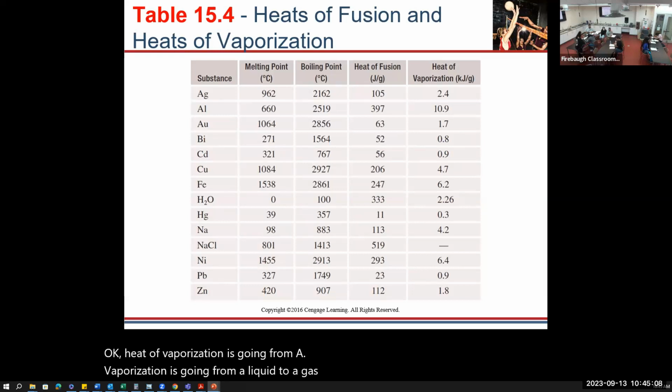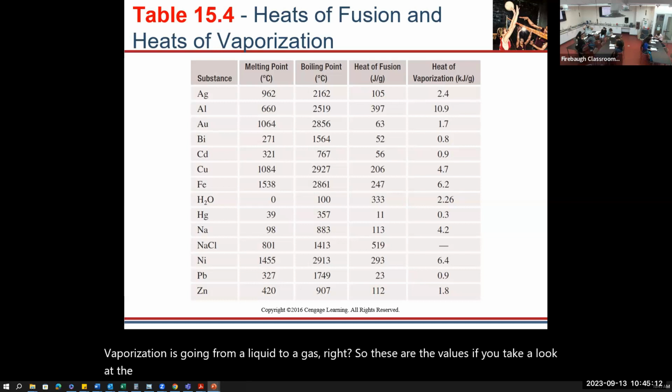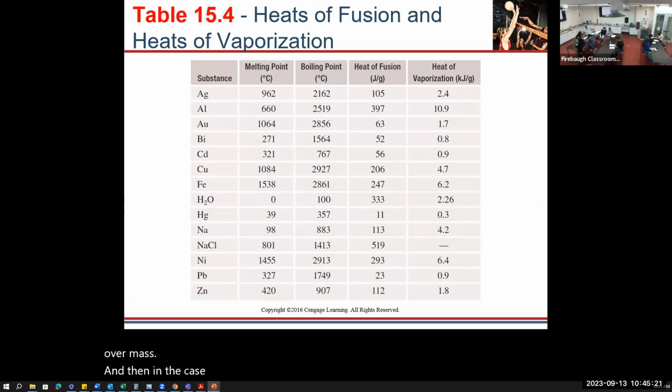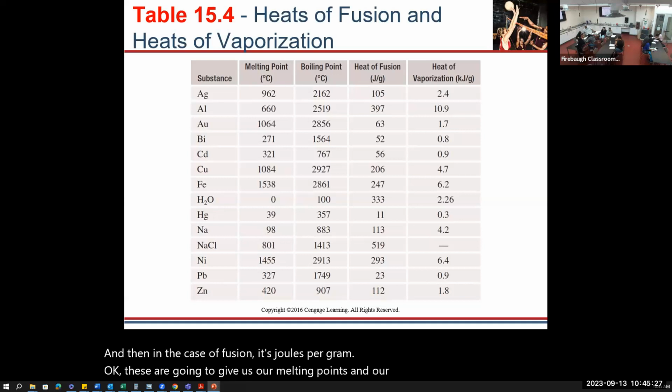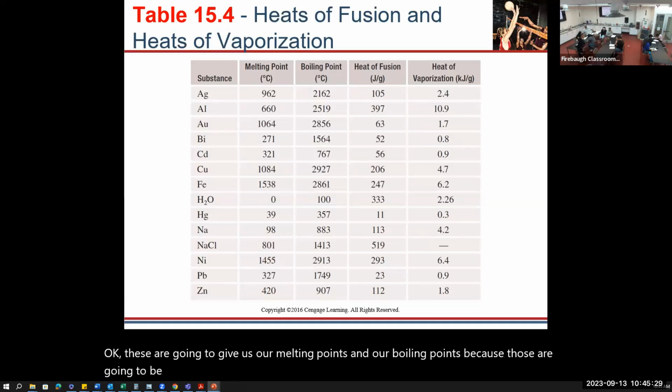So these are the values. If you take a look at the top, the units are kilojoules per gram. In this case, we're using mass, so it's energy over mass. And in the case of fusion, it's joules per gram. These are going to give us our melting points and our boiling points because those are relevant for us to understand things.